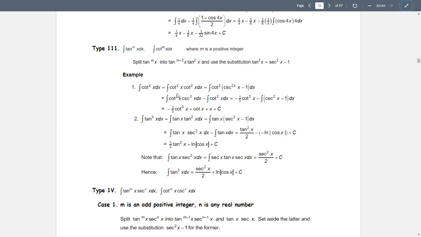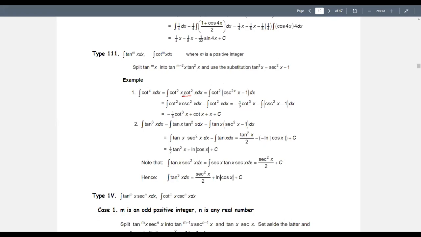Now, since the cotangent function, class, has its derivative as the cosecant squared, there's a need for you to convert the second cotangent squared here into the equivalent identity, which is cosecant squared x minus 1.